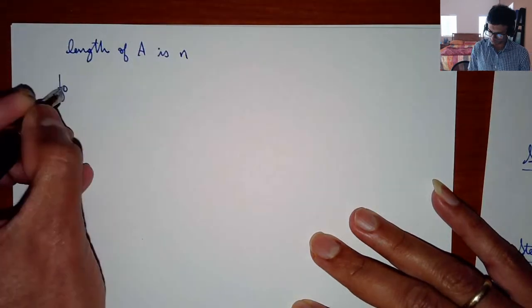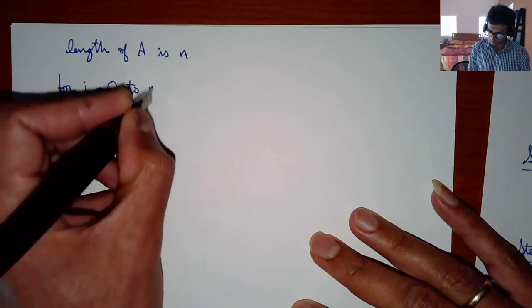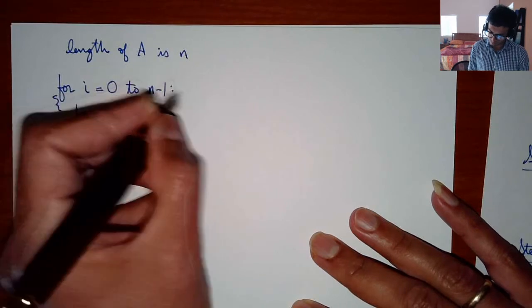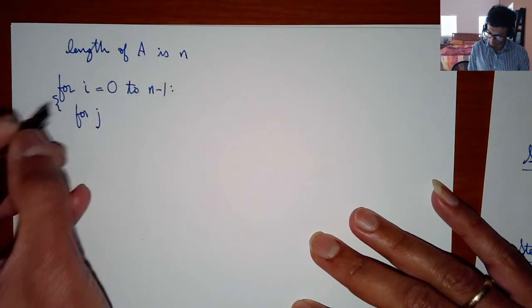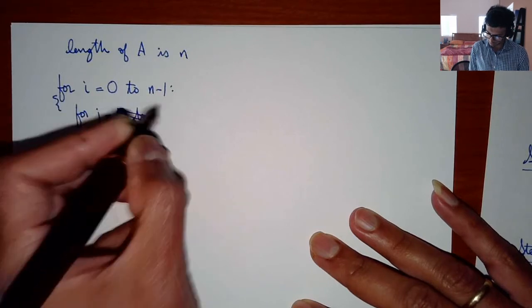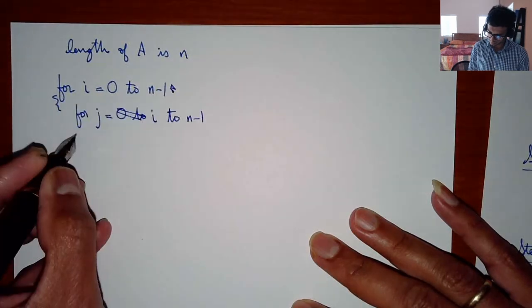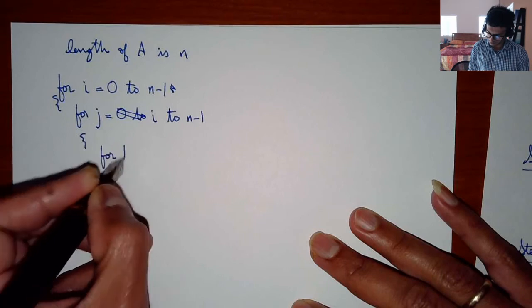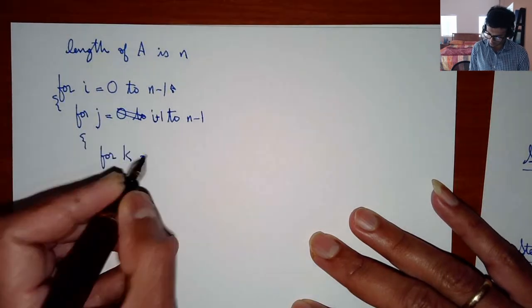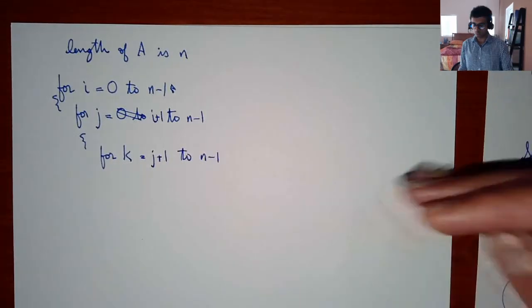So what I can do is I can just do for i going from 0 to n minus 1, for j going from i to n minus 1, for k going from j plus 1 to n minus 1.